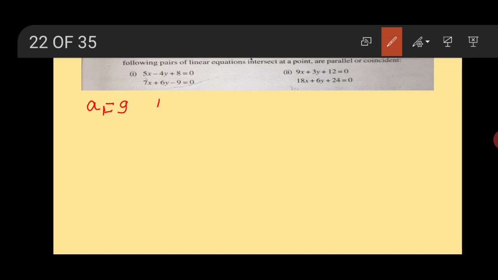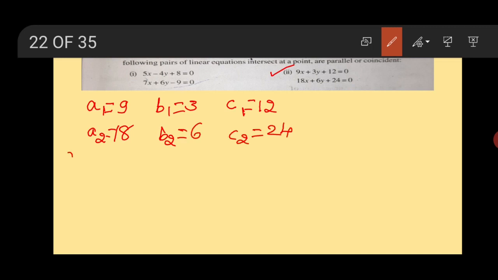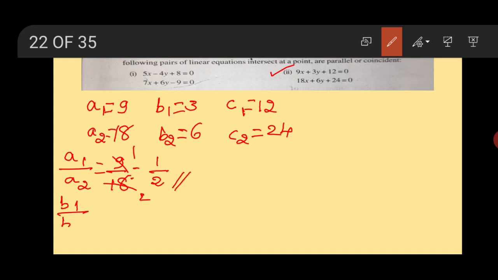A1 is equal to 9, B1 is equal to 3 and C1 is equal to 12, and A2 is equal to 18, B2 is equal to 6 and C2 is equal to 24. Therefore the ratio A1 divided by A2 is equal to 9 divided by 18. We can simplify: 9 ones are 9, 9 twos are 18. Therefore A1 by A2 is equal to 1 by 2. Similarly, what is the value of B1 by B2?